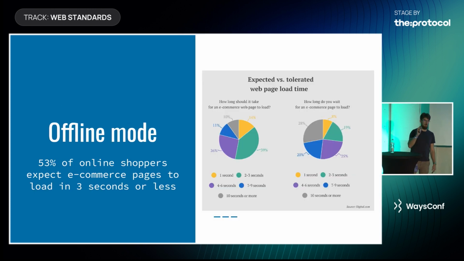What else? Offline mode. You know that time is money, and users are generally impatient. How long do you wait for your web page to load? Well, the research shows that many users expect to have the page fully loaded and responsive in 3 seconds or less. So if you rely on just a mobile website and your user has an unstable connection, you may lose that user.